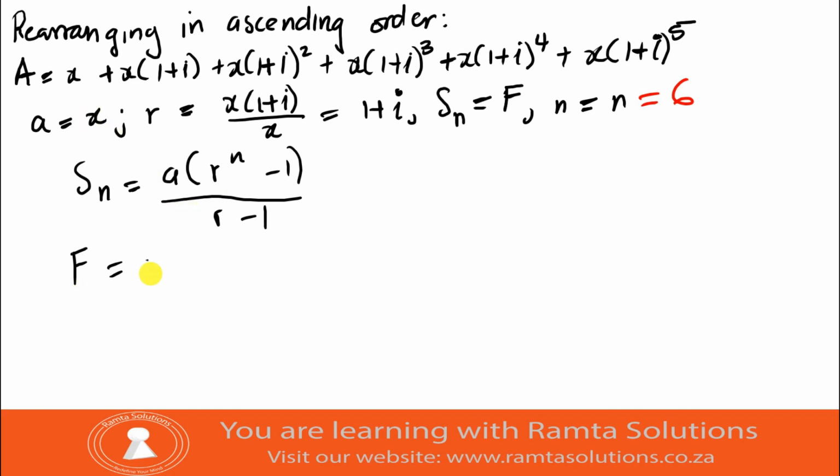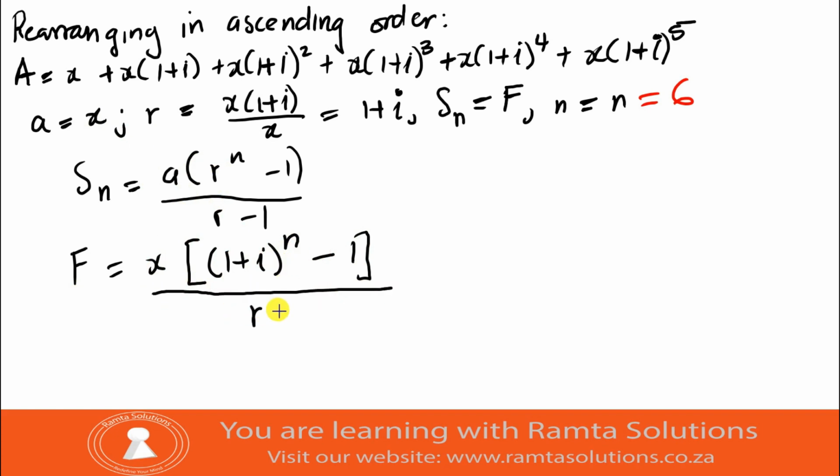Our a, as you can see, is X into what is our r? It is 1 plus I to the n, to the n minus 1. I'm going to leave it as n, but I want you to be careful. All over r minus 1.